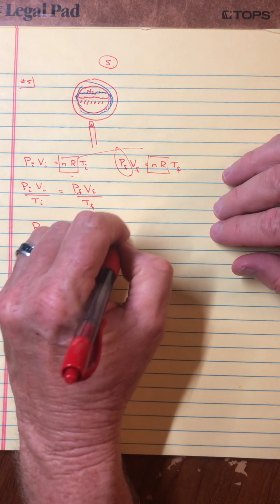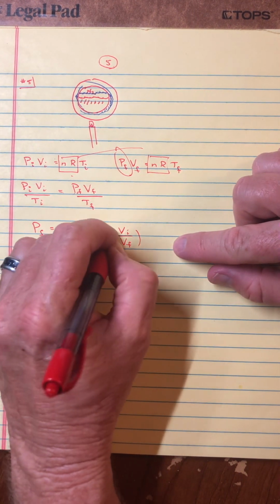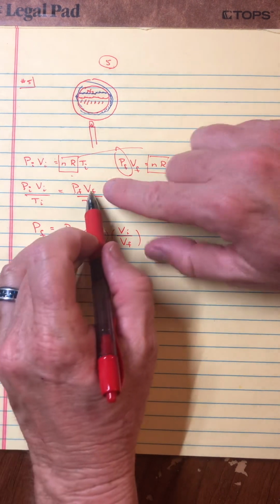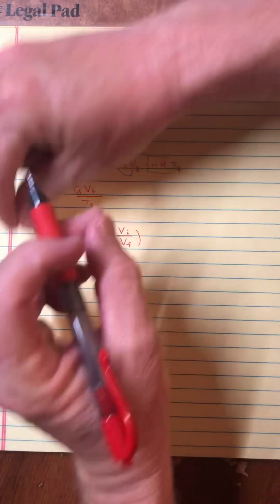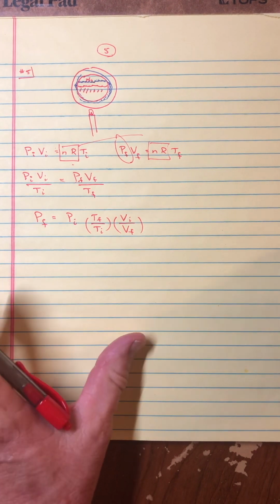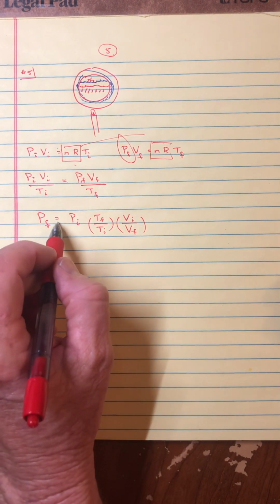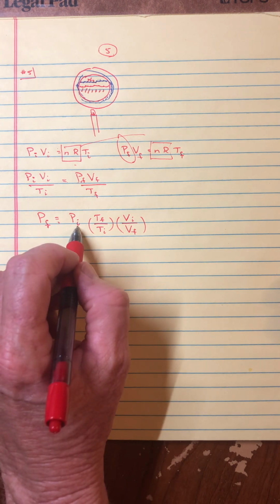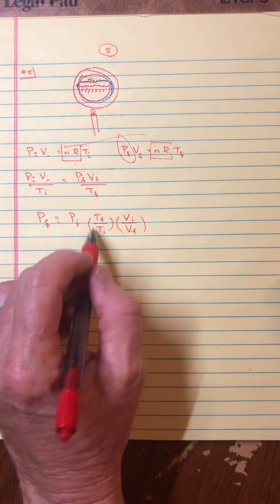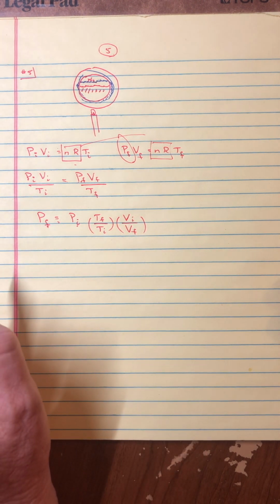And then also, I'm going to imagine taking the final volume and putting it over there, and then switching the order. But I like it this way because here's what it tells me. It tells me that the final pressure is going to change from the initial because of two factors. One is the ratio of the temperatures, and one is the ratio of the volumes.